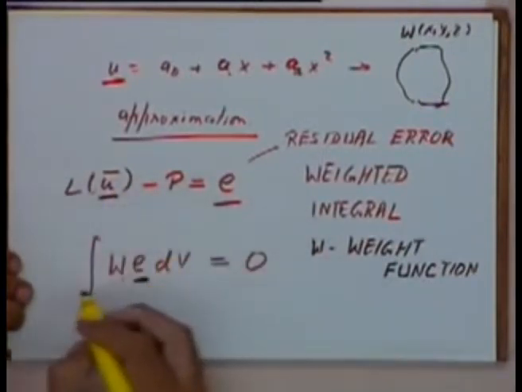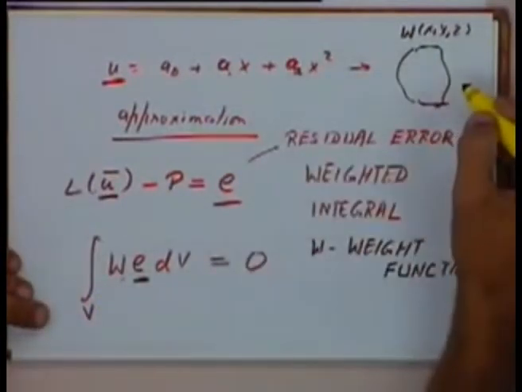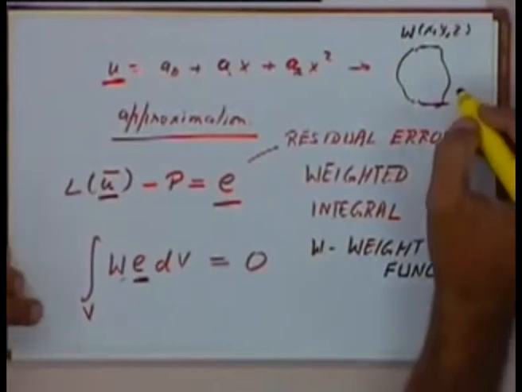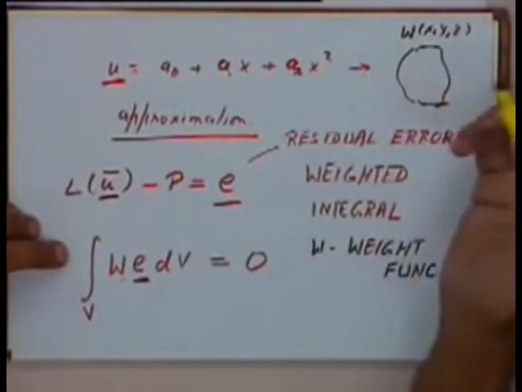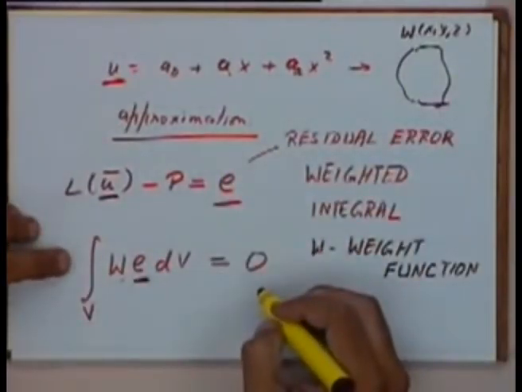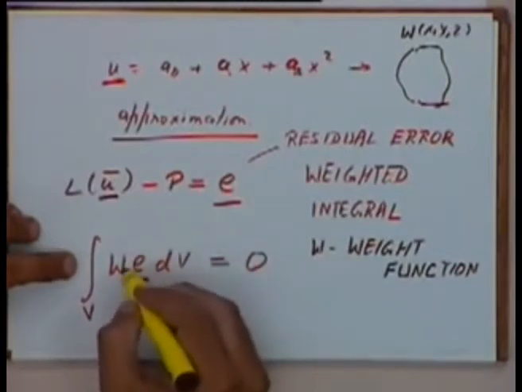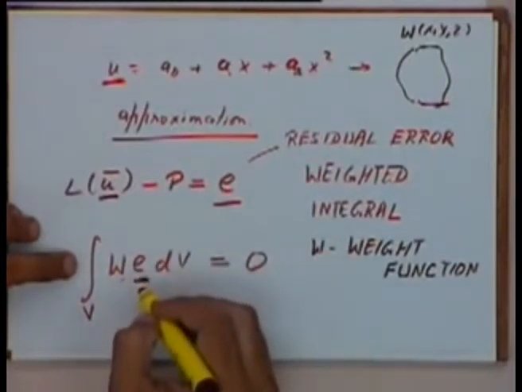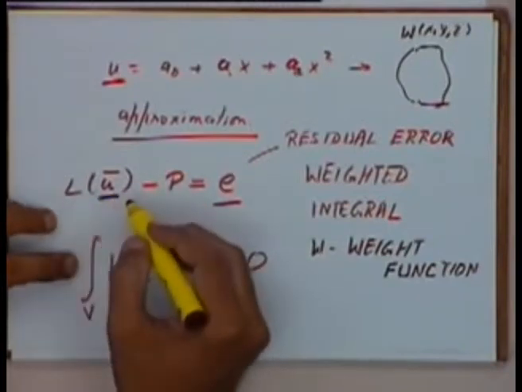Okay, that means let us say if I take this weightage to be constant throughout and I get this error to be equal to 0, or if I take this weightage to be some other function and I still get the weighted integral to be 0, which would mean that this E is almost 0, or this u bar is an accurate estimate of u.